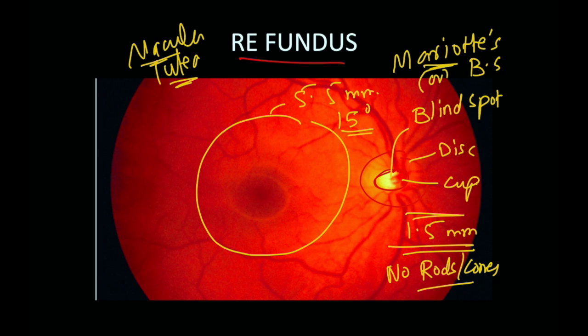Now inside this macula lutea, there is going to be fovea centralis. I've drawn this bigger, but in fact fovea centralis is almost the same diameter as the optic disc. So fovea centralis is 1.5 mm.